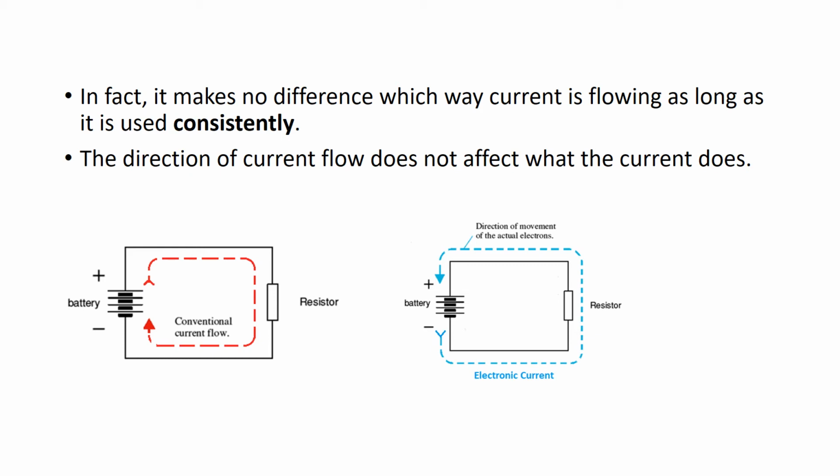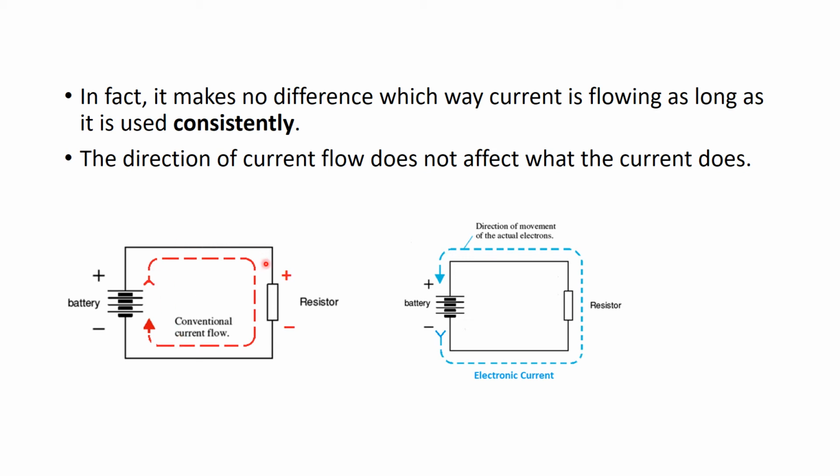We follow the convention that the current touching any terminal of the resistor or any other device first will make it positive in case of a conventional current. So in this case, the current coming out from the positive terminal, touching this point first, will make it positive, and obviously the other terminal will be negative.